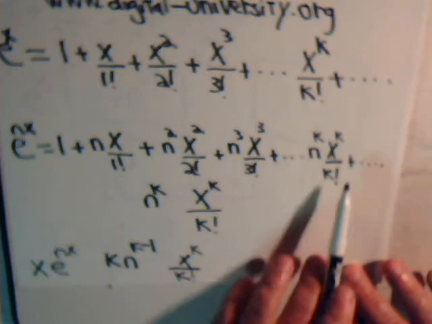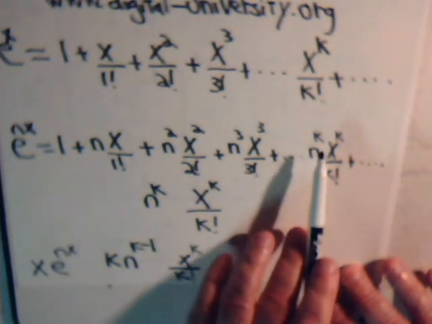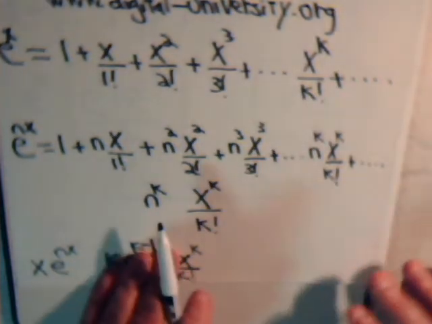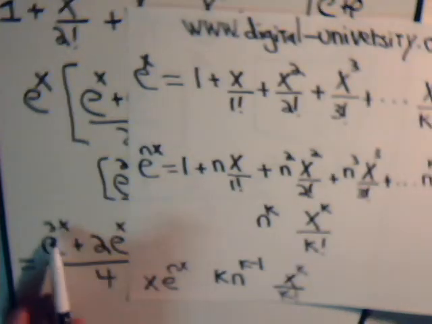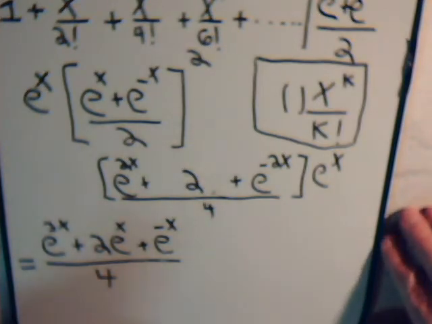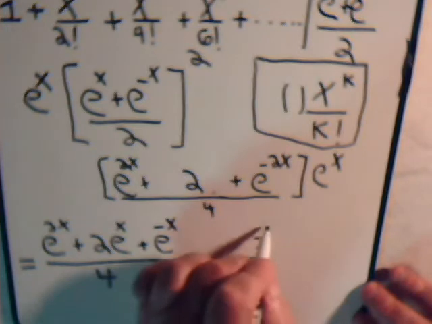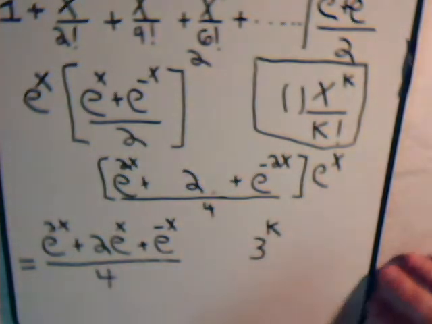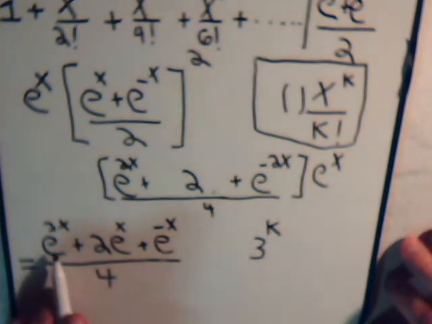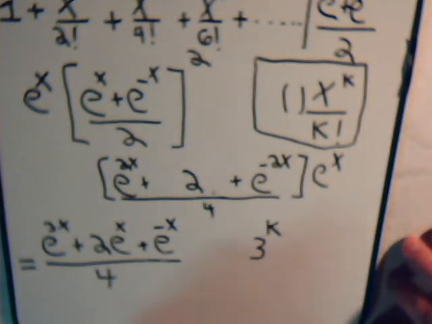So the coefficient of x to the k over k factorial is n to the k. So here, n is just equal to 3. So for e to the 3x, that's just simply going to be 3 to the k power. That will be the coefficient of x to the k over k factorial.